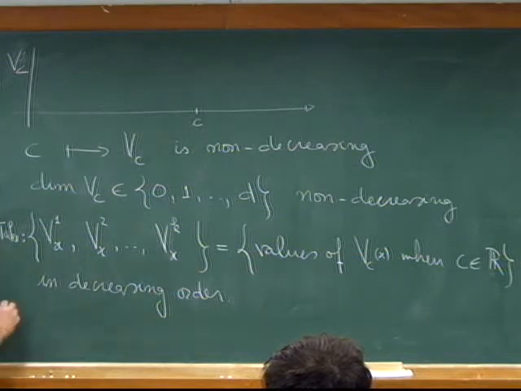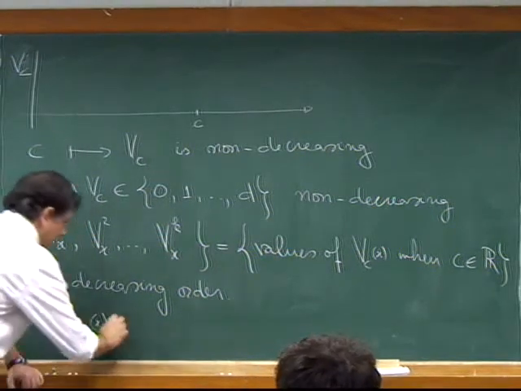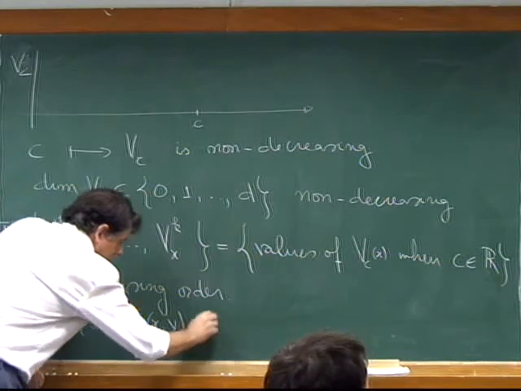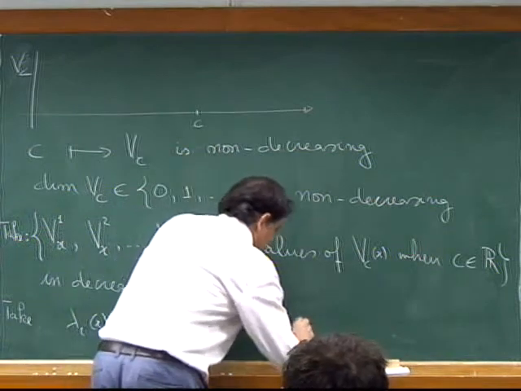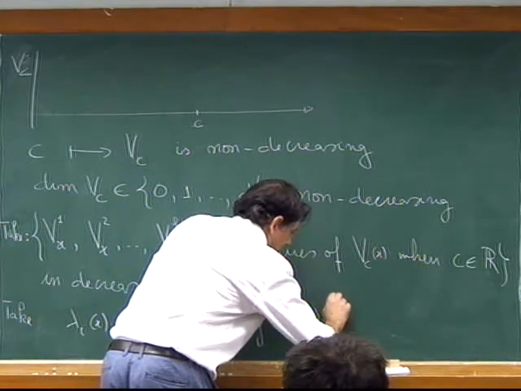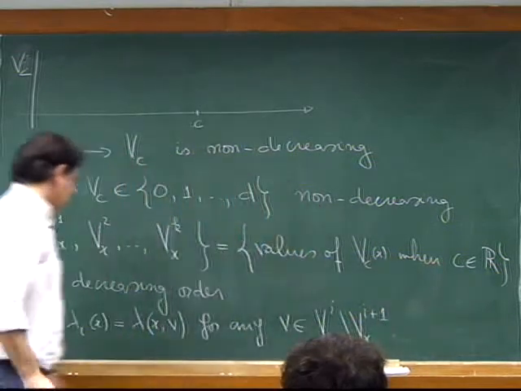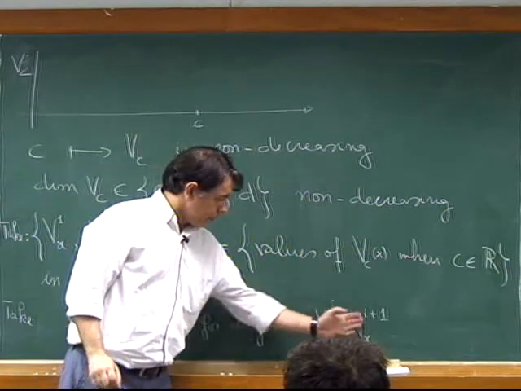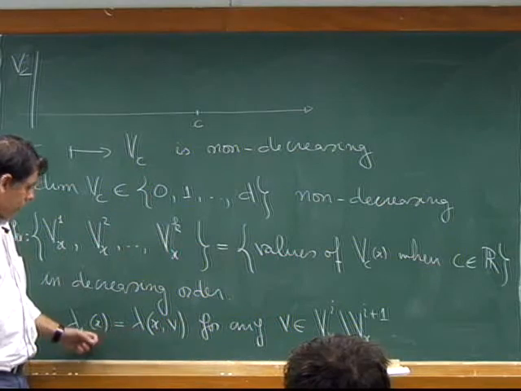But take also lambda i of x to be lambda of x v for any v in V_i(x) minus V_{i+1}(x). So just choose any vector between these two, between consecutive elements of the flag, and call that lambda i.